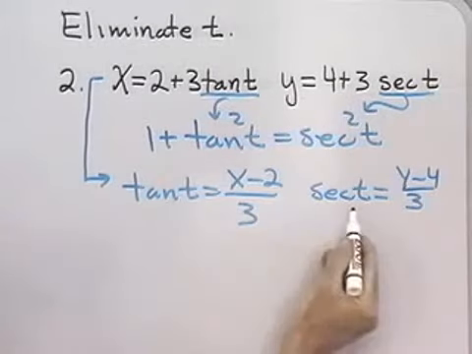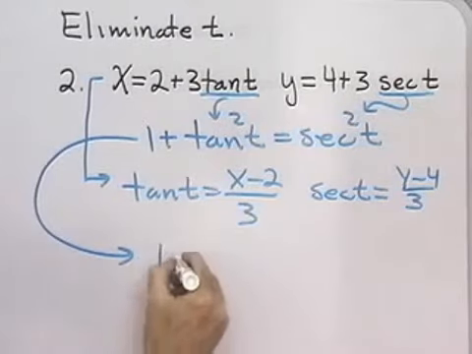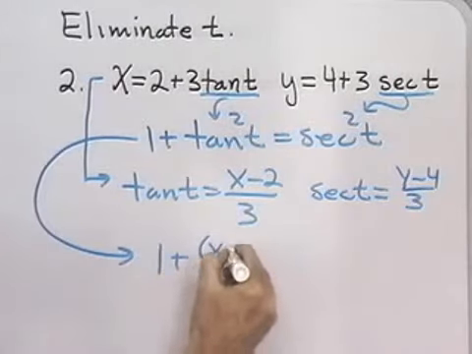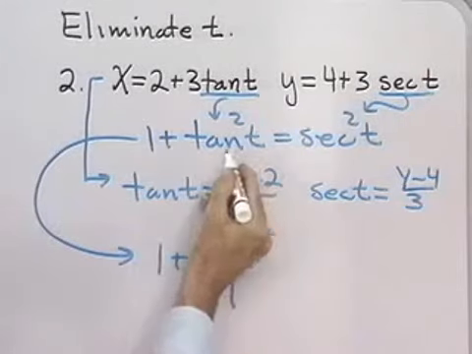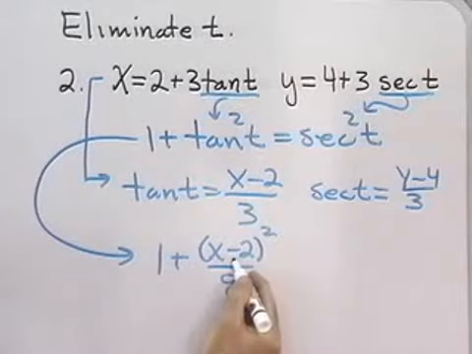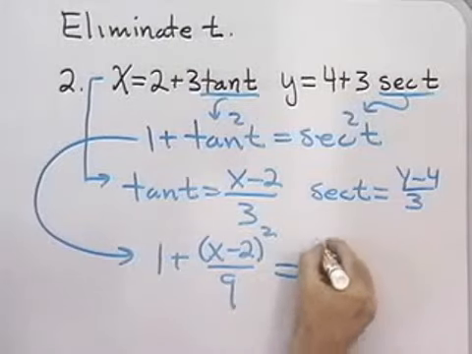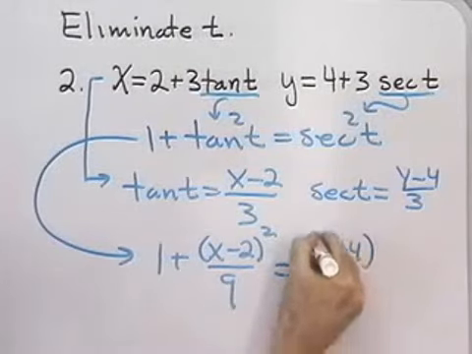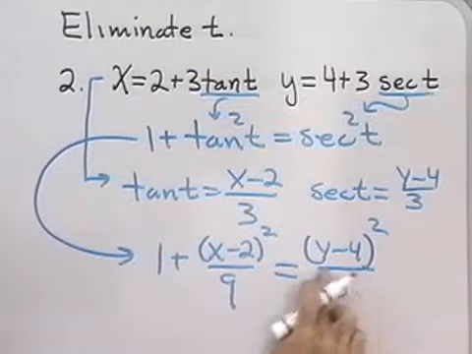Now I'll take each of these expressions and substitute into this trig identity, and I have 1 plus x minus 2 squared over 9, because I want tangent squared here, and tangent is x minus 2 over 3, so tangent squared is x minus 2 squared over 9, equal this squared, which is y minus 4, quantity squared, divided by 3. Whoops, take that back.